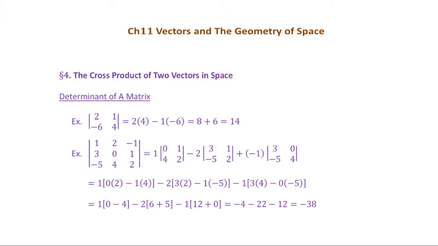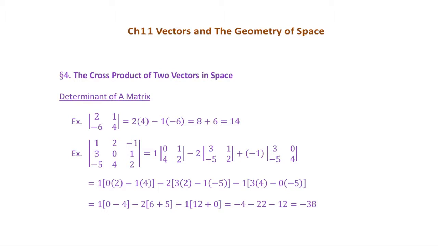So the determinant of the first 2 by 2 matrix is 0 times 2 minus 1 times 4, and the determinant of the second matrix is 3 times 2 minus 1 times -5, and the determinant of the third matrix is 3 times 4 minus 0 times -5.